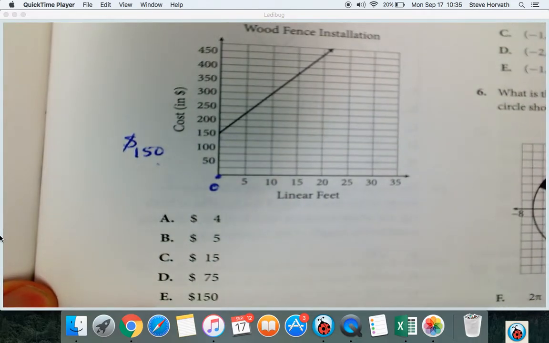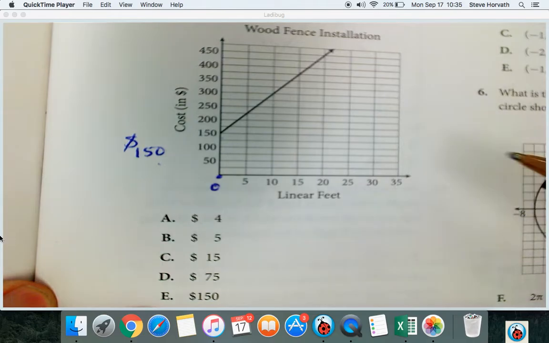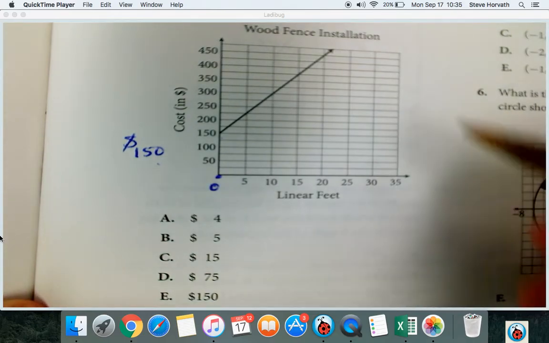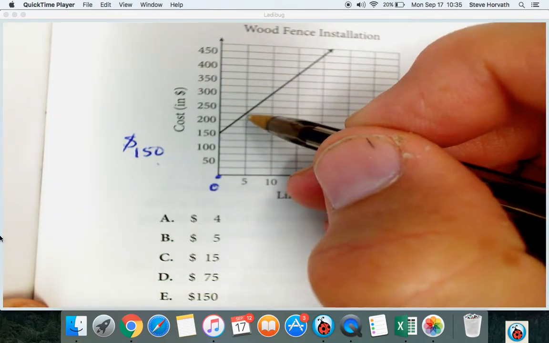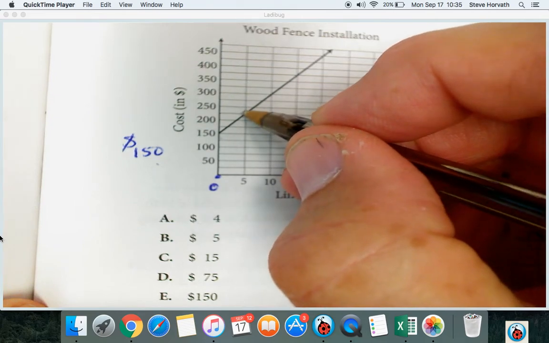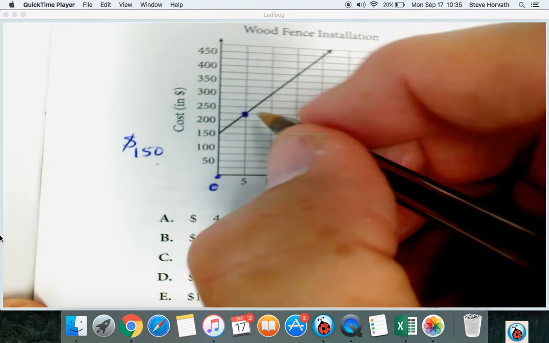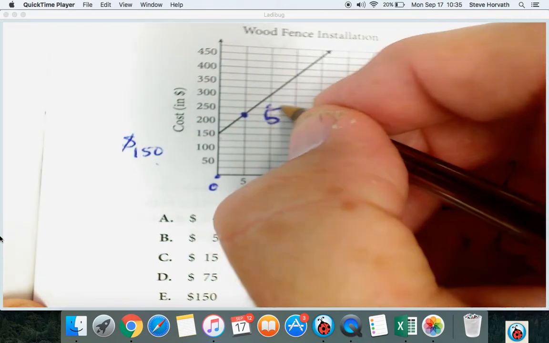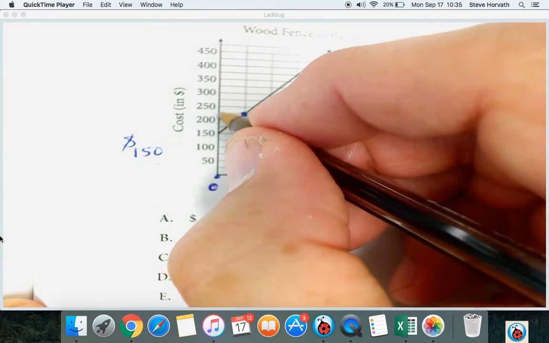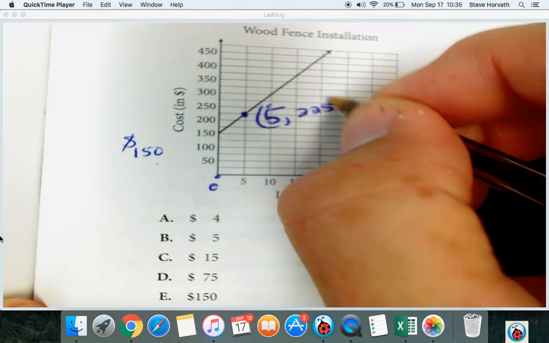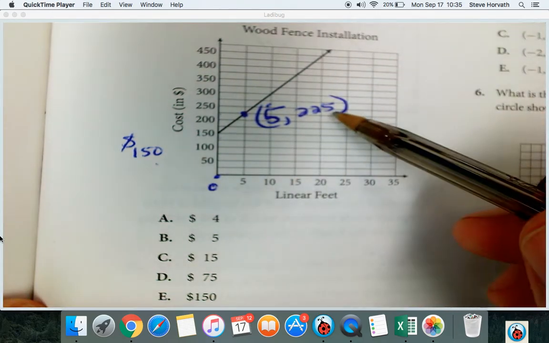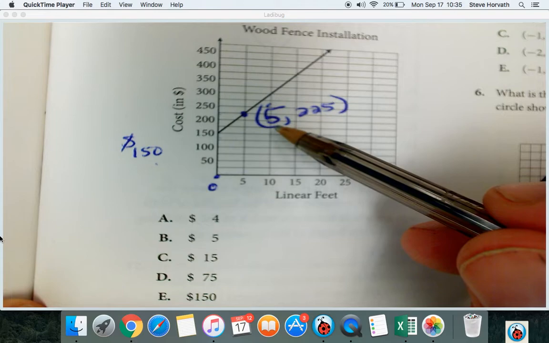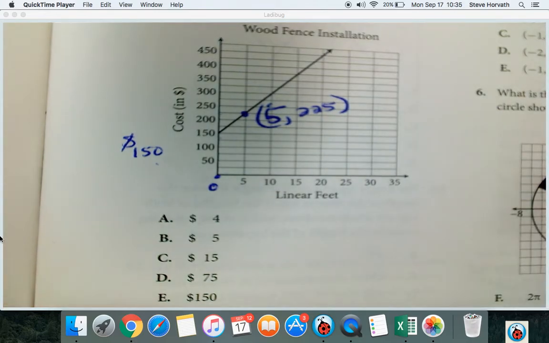All right, so to get 1 linear foot of wood, we can't see that directly, so let's take something we can see. To keep the numbers small, I see that 5, right here, this point, if I go over 5, I go up. That's $225. That means it costs $225 for the fence if it's 5 linear feet.